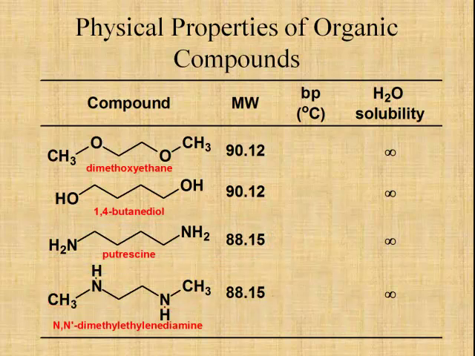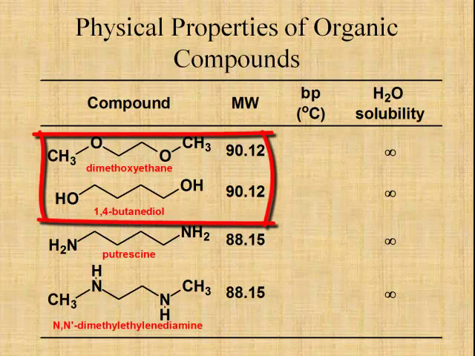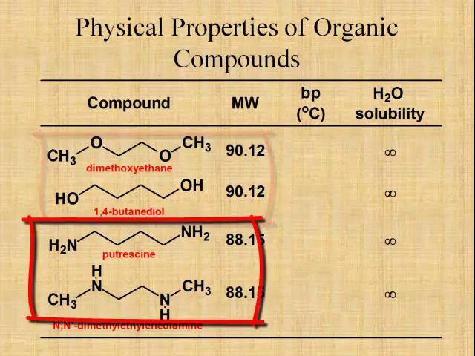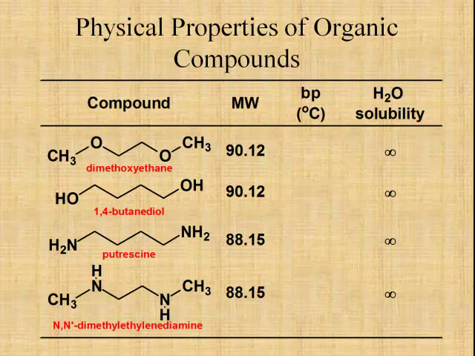The 2 molecules on the top are constitutional isomers, and the 2 molecules on the bottom are constitutional isomers. Based on what you've learned in this video, you should be able to predict the boiling points in a relative sense, or in other words, you should be able to rank these compounds from highest boiling to lowest boiling. Think about this, and we'll discuss it in class.